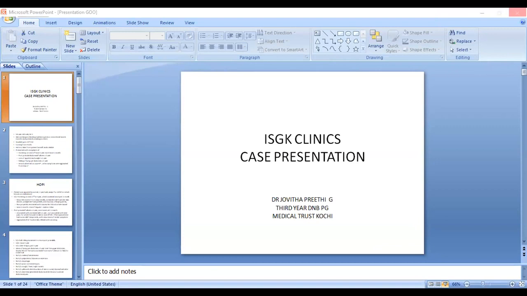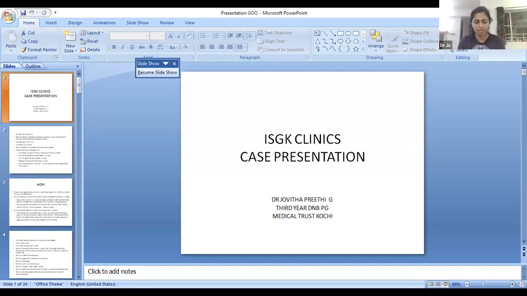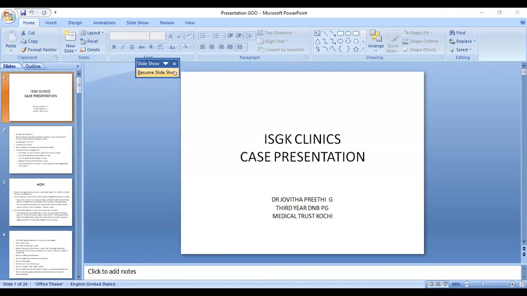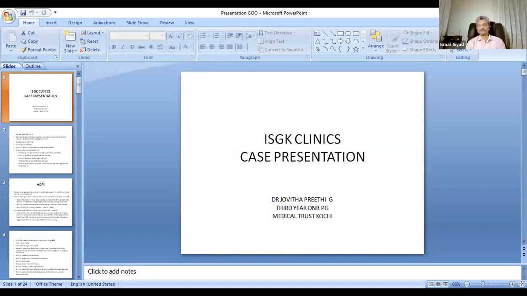Click the full screen mode at the bottom, or double click.